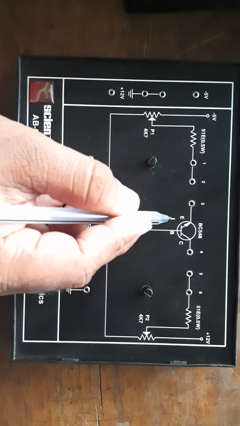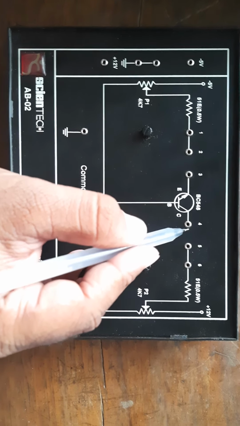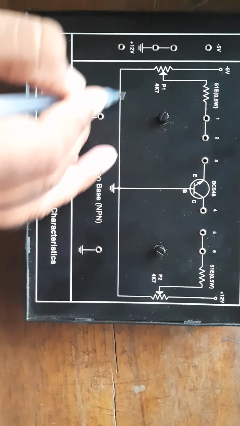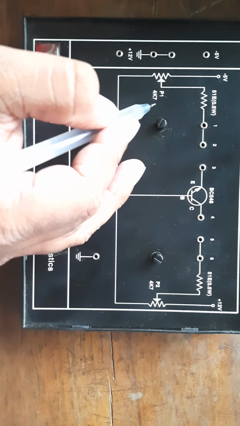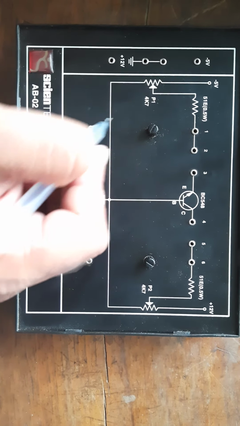This is for the input voltage. In the same way we could connect an ammeter here, but right now it is not needed, because to see the input characteristics we need the IE current and the input voltage.